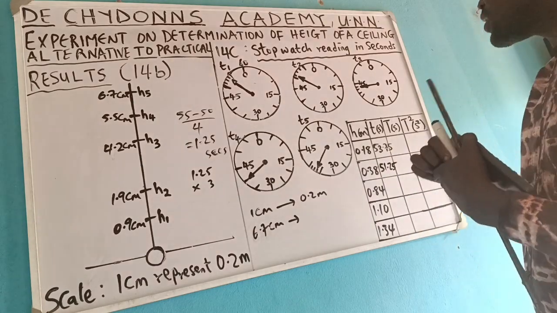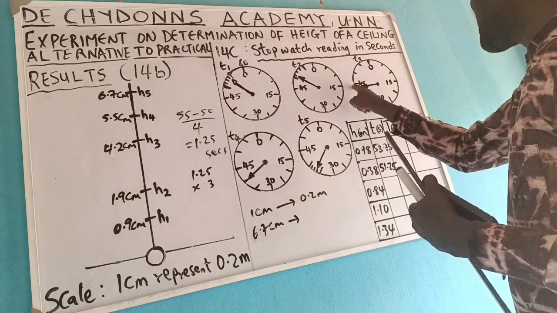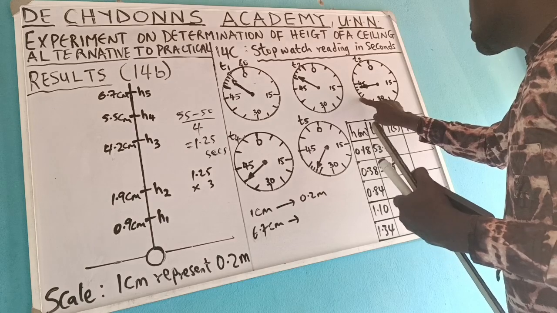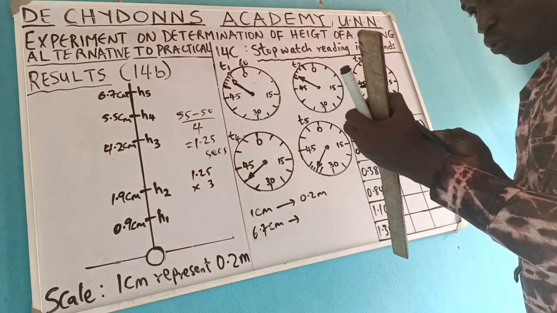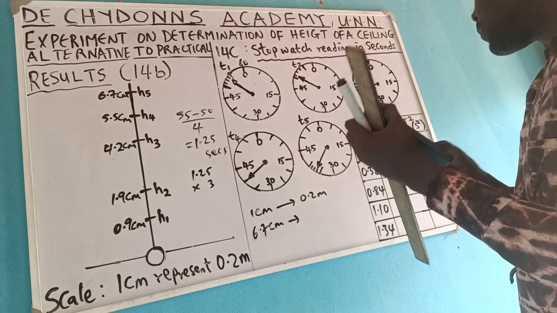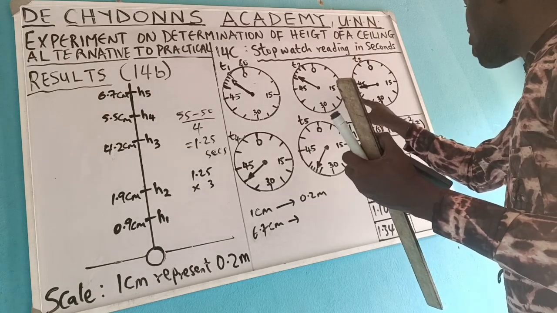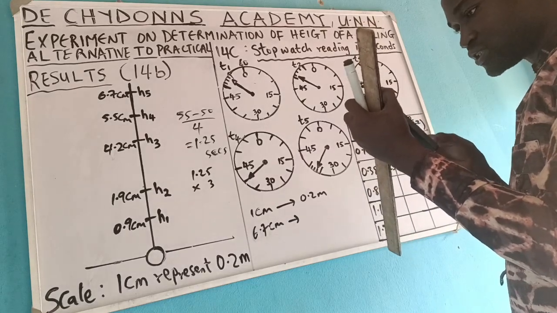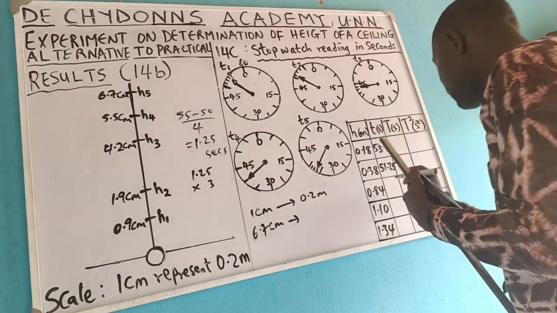Then the next one falls at the third line before 45, and here is 40. So 1.25 times 3 is 3.75, plus 40, that is 43.75.